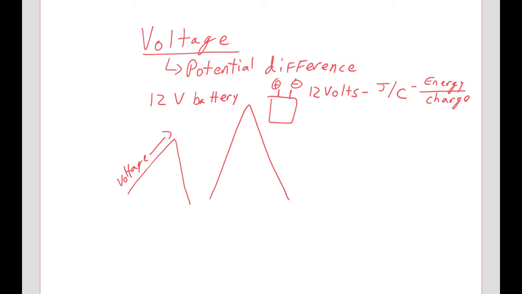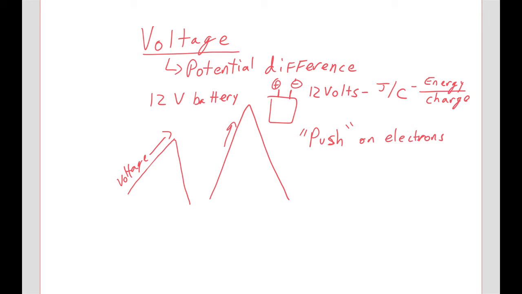As you move up the mountain, if you will, instead of a mountain, we're talking about electrical charge. As you move that higher, you increase the voltage. Sometimes it's referred to as how much push. The higher the voltage, the more push on the electrons. That's another good way to think of it.